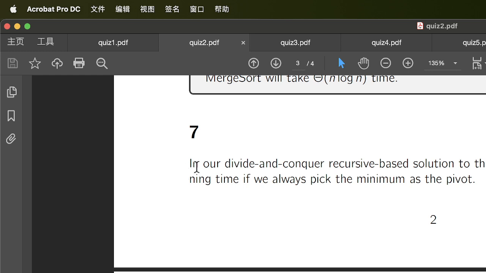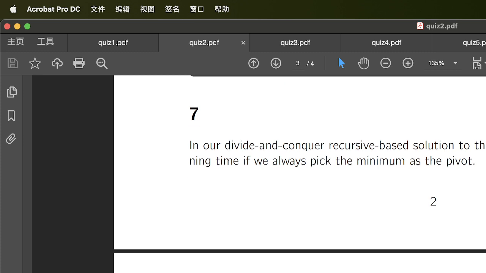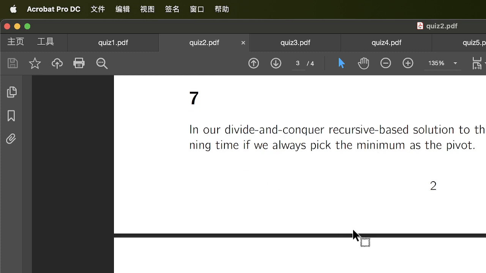Okay. Number 7. In our divide and conquer recursive based solution to the k-select problem, what is the running time if we always pick the minimum as a pivot? So if we always pick the minimum as a pivot, that means we always pick the worst case, because we cannot divide the original problem into half.